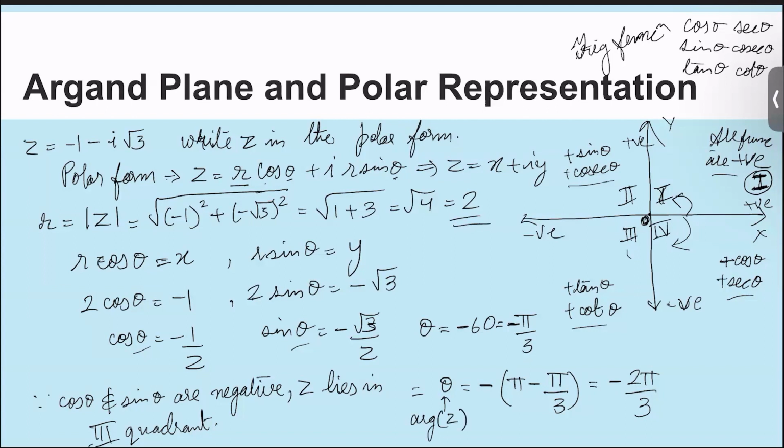You can represent it in this form, or, since you have already found the cos theta value, you can write it in polar form as 2 multiplied by minus half, and you will end up getting the same form as this.